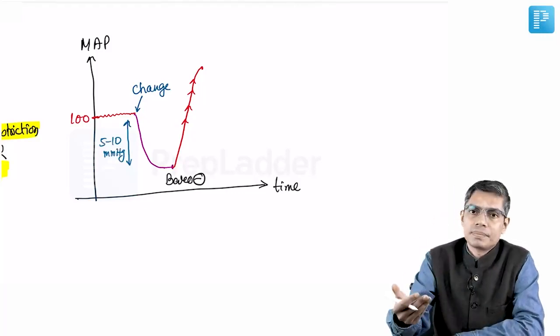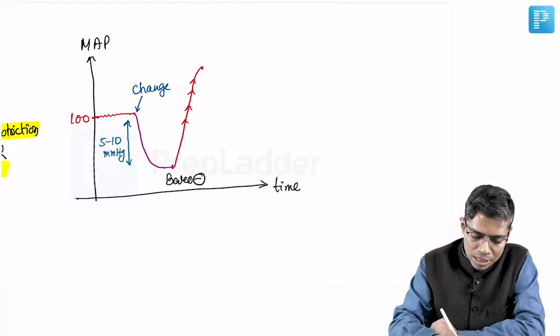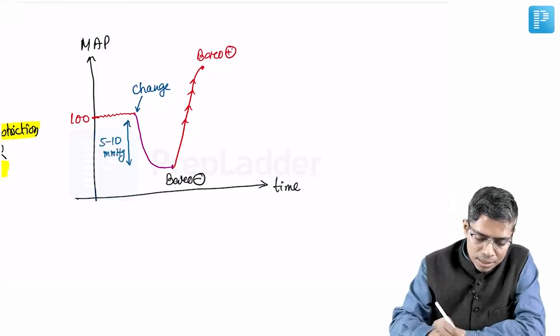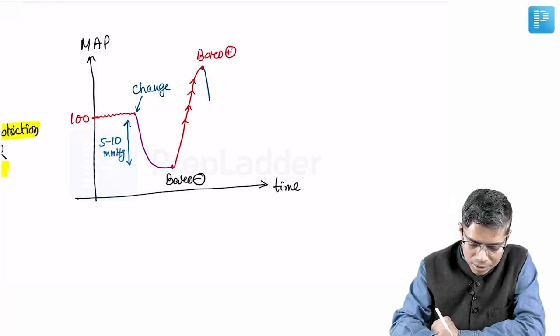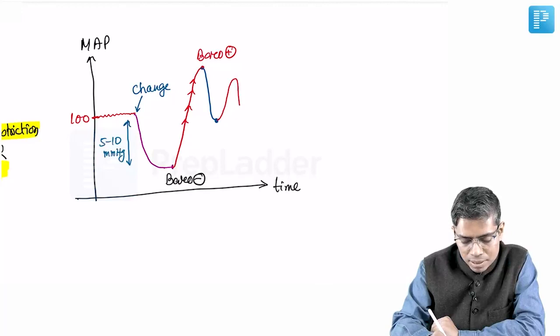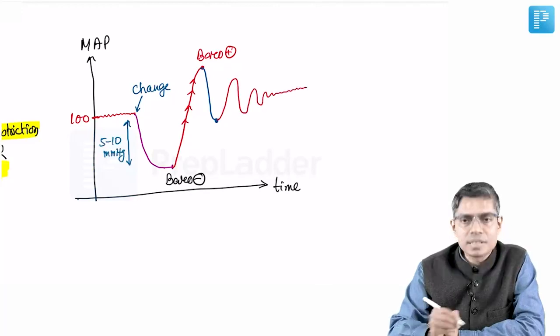First it will overcorrect, the blood pressure will overshoot. Then whenever the blood pressure overshoots, at this point the baroreceptor will again be activated. It will try to bring the blood pressure in the downward direction, right? Again the blood pressure will be inhibited. Again it will try to raise the blood pressure. Now look, this fluctuation is decreasing gradually and ultimately it will be stabilized.